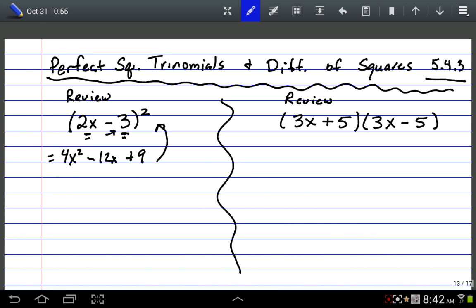There are 3 things you're going to have to recognize that make it a perfect square trinomial. I'll make you a little bullet list. The first thing is that the first and last terms, which are the 4x squared and the 9 in this case, are perfect squares.